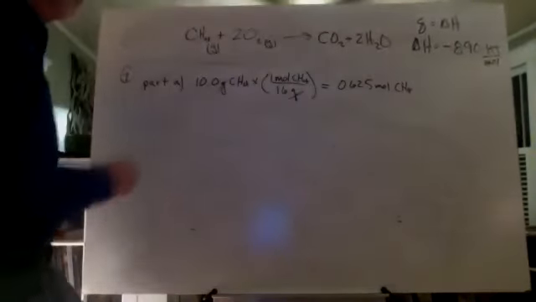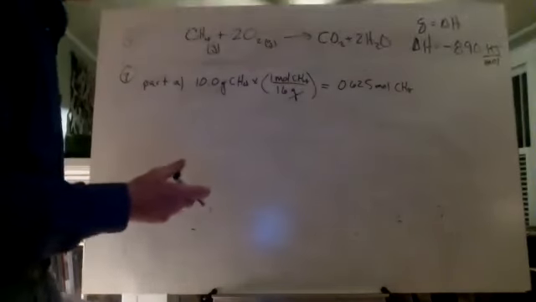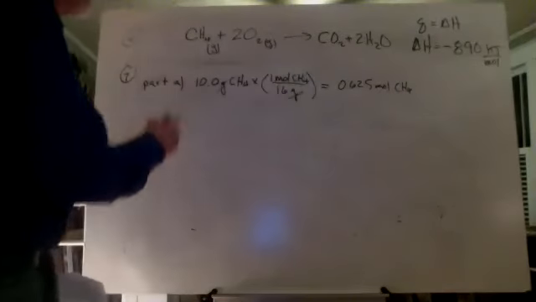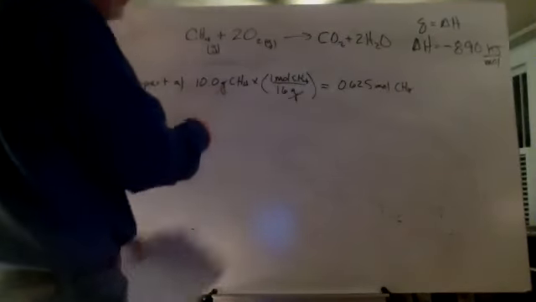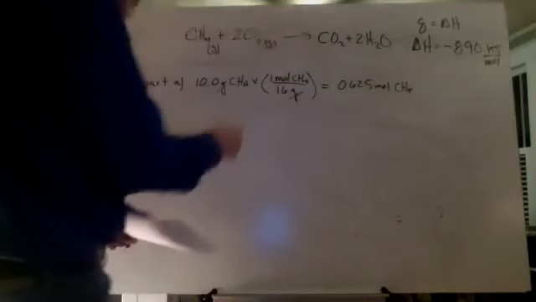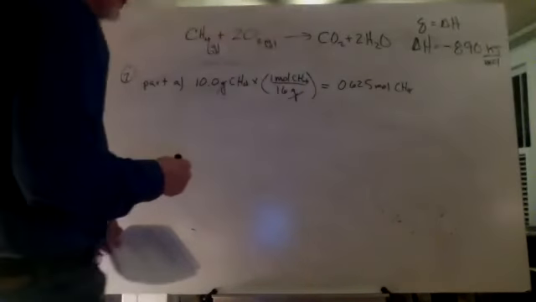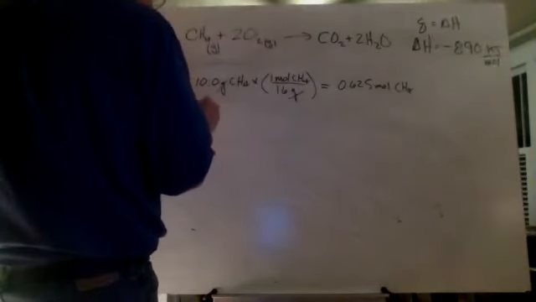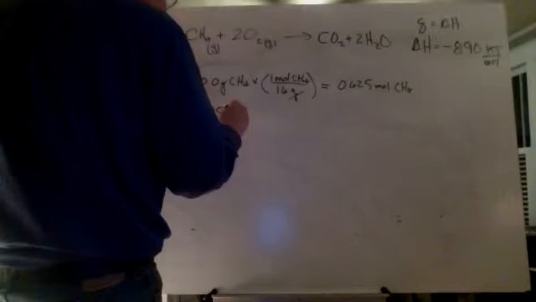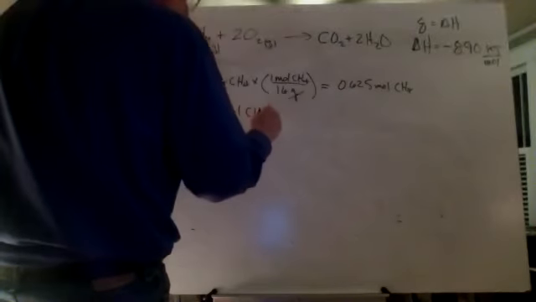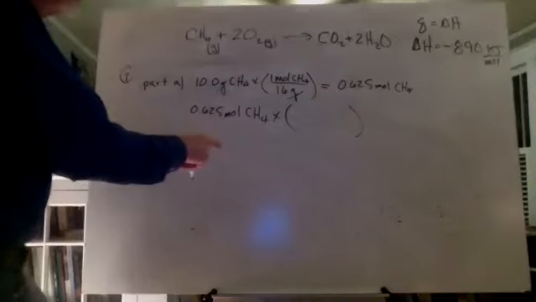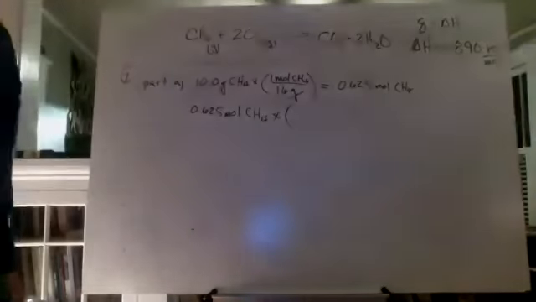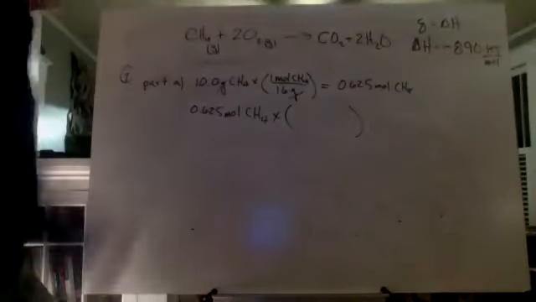Now, we don't have to calculate or determine a limiting reagent because you're told that we reacted 10 grams of methane with more than enough oxygen to completely consume it. So we've consumed all the methane, the 0.625 moles. And now what we want to do is to take that 0.625 moles of methane and determine how much heat would be produced when that number of moles of methane is reacted by equation 6 up here.